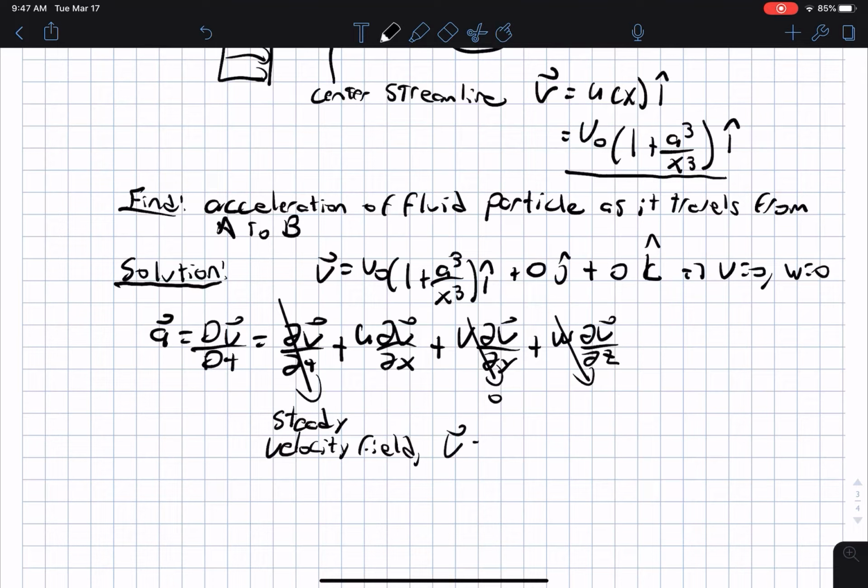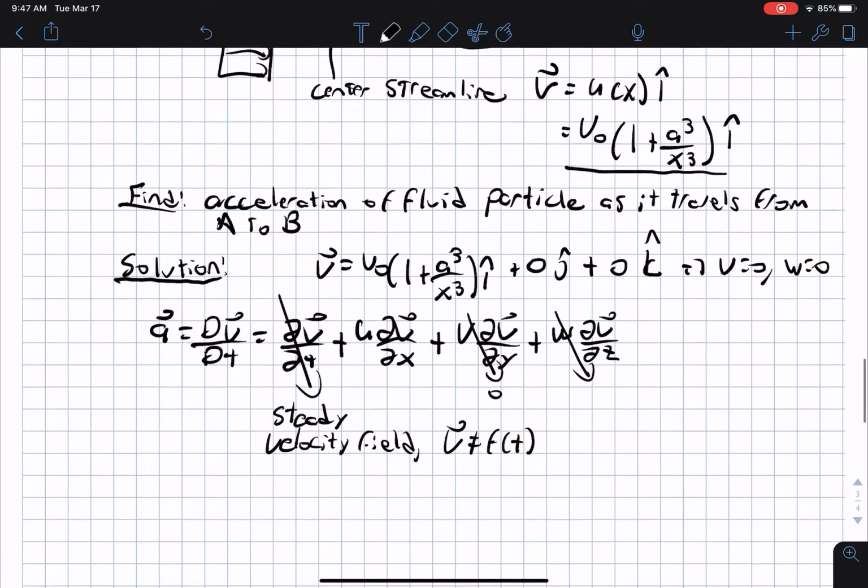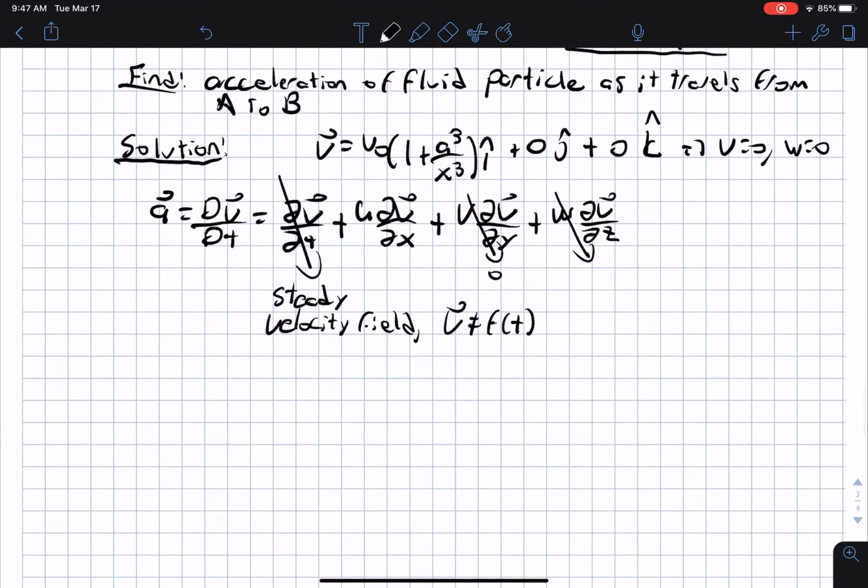So v is not a function of time. Okay? So the acceleration then equals u partial v partial x. So this equals, so u is this component over here.